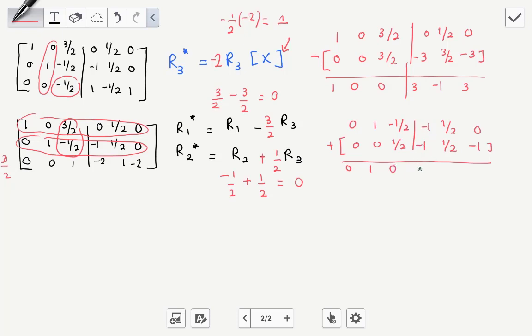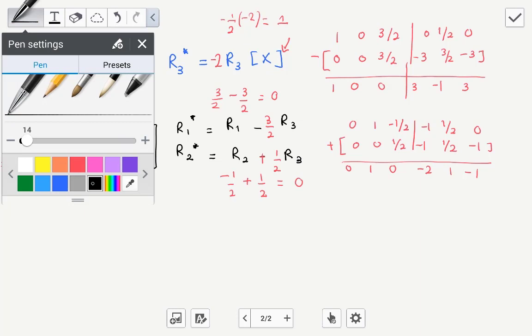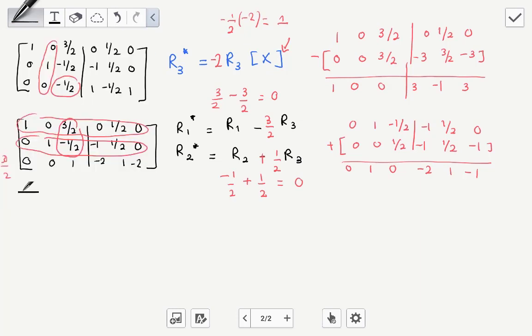Negative 1 plus negative 1, negative 2, 1, negative 1. Okay. Now let's write down the answer. So the new R1 is 1, 0, 0, 3, negative 1, 3. Okay. New R2 is 0, 1, 0, negative 2, 1, negative 1. And no changes on R3, 0, 0, 1, negative 2, 1, negative 2.